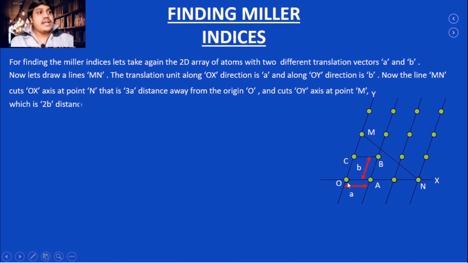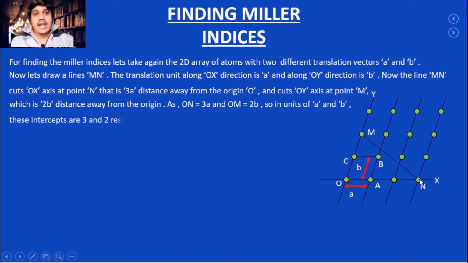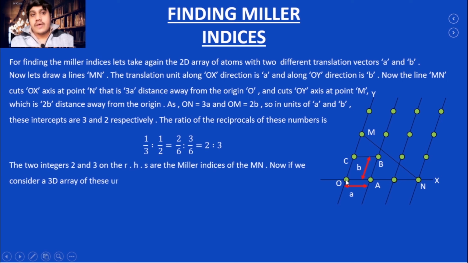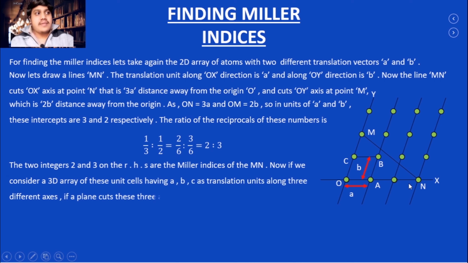As you can see, along the x-axis the line MN cuts at a point N, which is the position of another atom, and the distance of that atom from the origin is A plus A plus A, which is 3A.